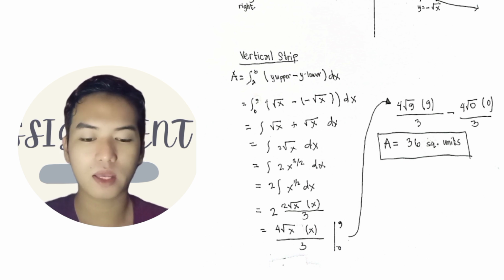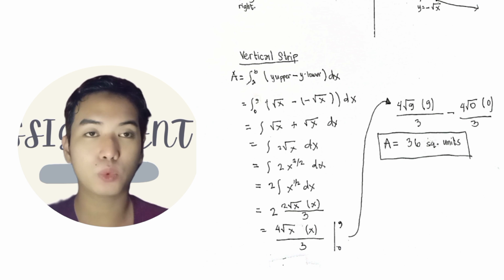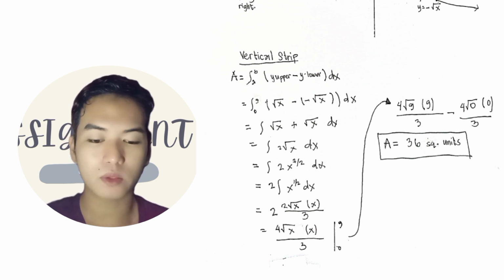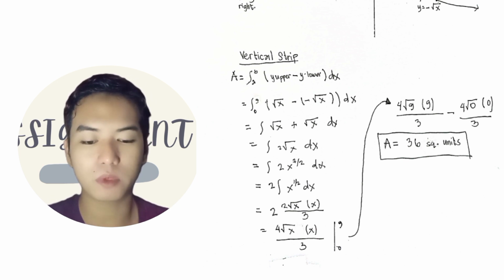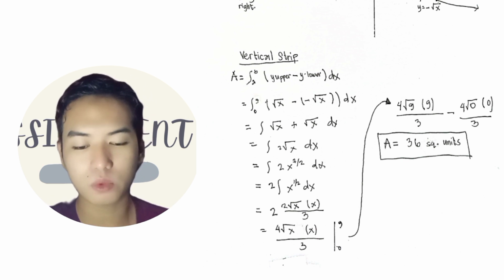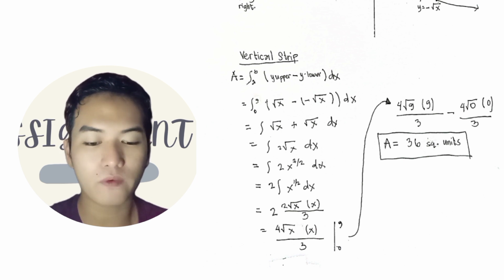We take the 2 out of the integral to find the integral of x to the 1/2, so we have 2 times the integral of x to the 1/2 dx. Applying the power rule formula, we come up with 2 times 2 square root of x times x over 3. Then simplify to 4 square root of x times x over 3.